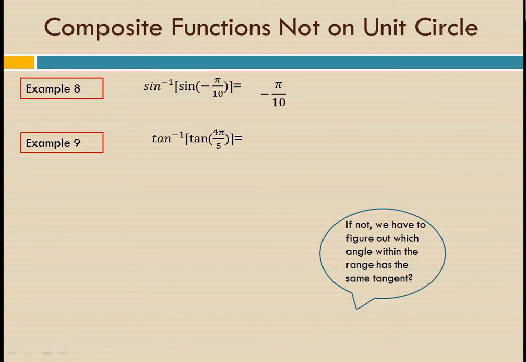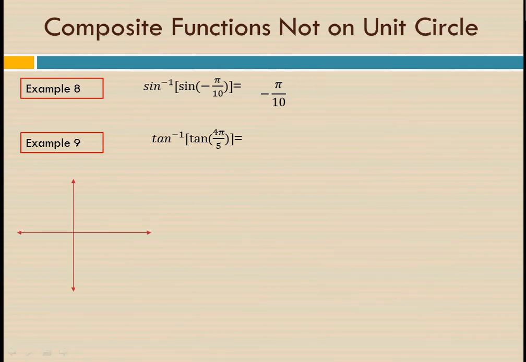If the angle is not in the range, then we need to find an angle that is in the range of tan inverse that has the same tangent value.